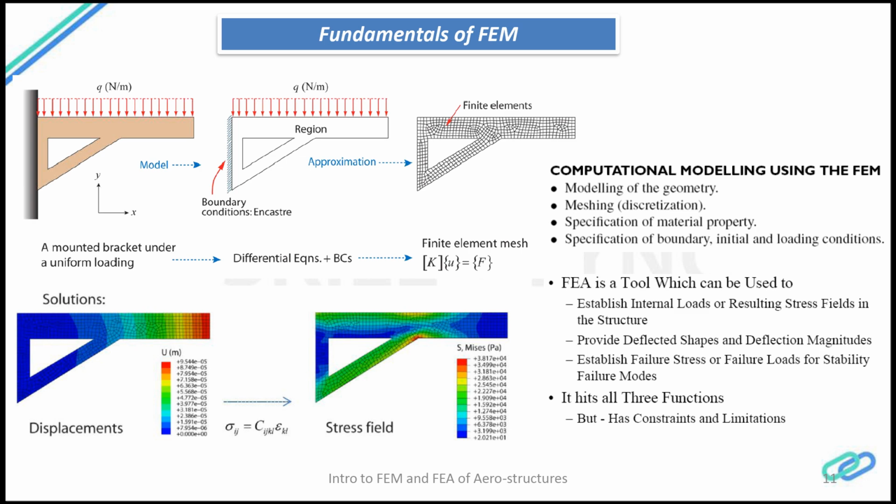Over here I have put an example to show you the flow of the steps within the finite element process, where a cantilevered bracket is applied with a uniformly distributed load.